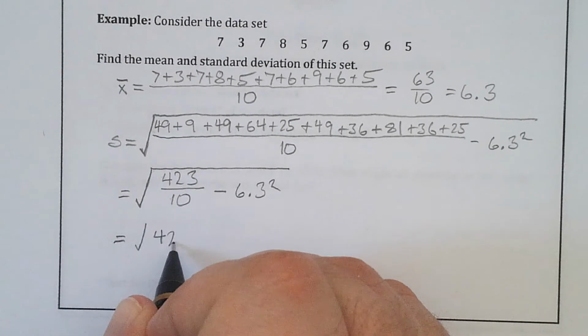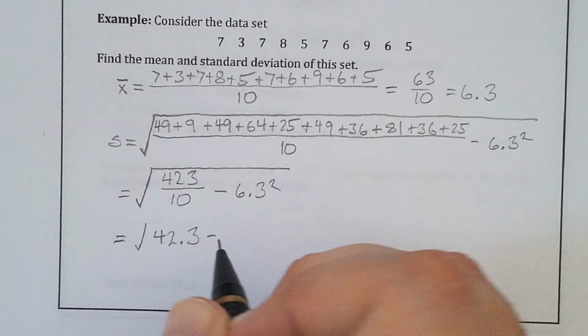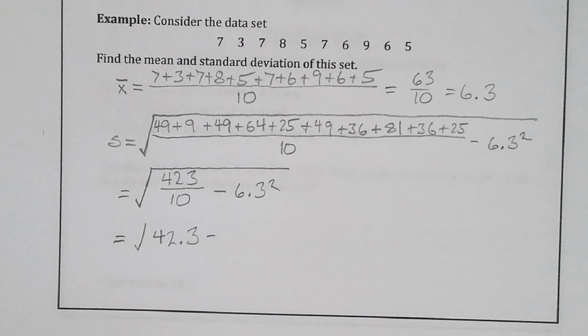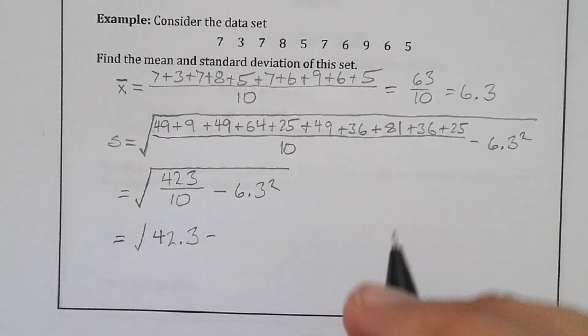So this is 42.3 minus 6.3 squared, which is 39.69.